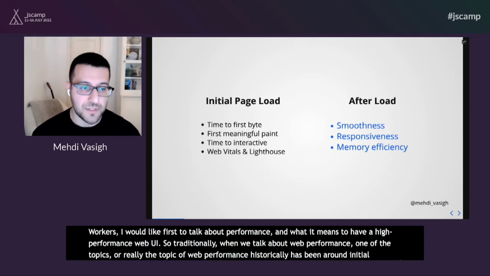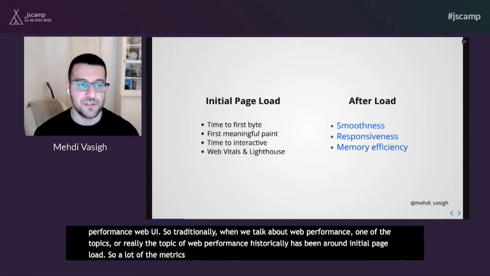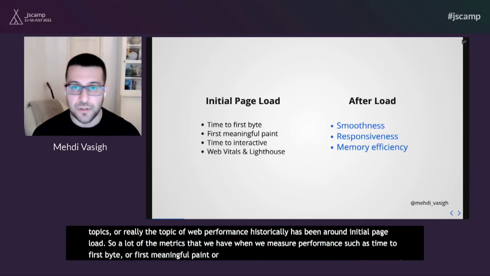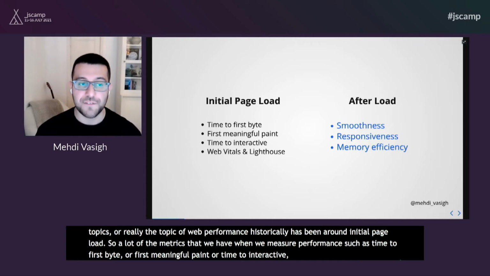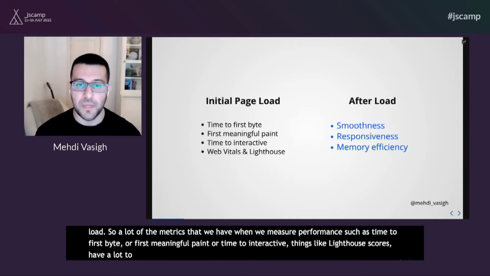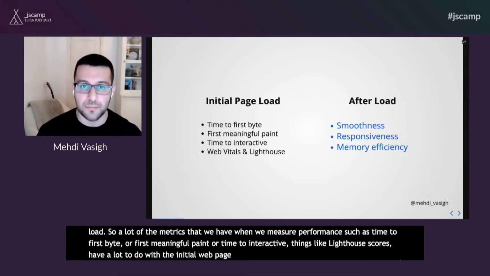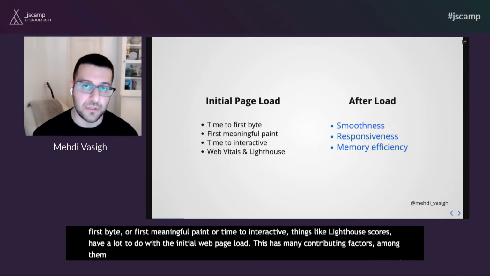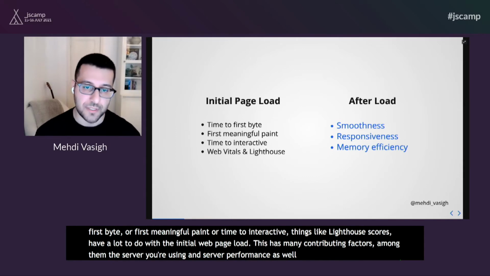A lot of the metrics we have, such as time to first byte, first meaningful paint, or time to interactive, including things like Lighthouse scores and Web Vital scores, have to do a lot with the initial page load of your web page. This has many contributing factors, among them the server you're using and its performance, as well as the assets you're delivering to the browser and how they're being interpreted.